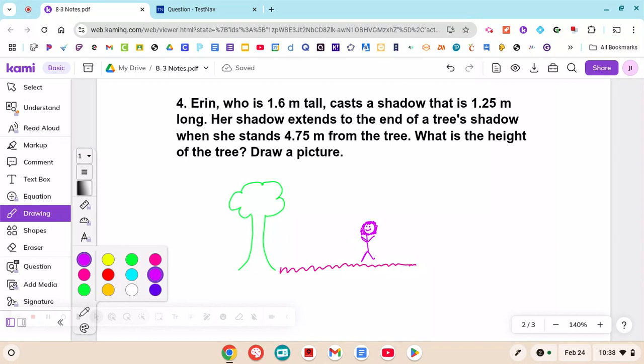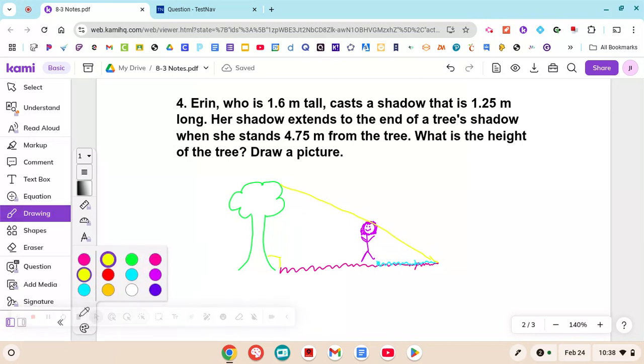Okay, and they have a shadow. And their shadow is like this part right here, but extends to the end of the tree shadow. And then what's happening is we've got this right triangle. We're actually going to go out a little ways here. Didn't quite go as far as I wanted it to. Extend this side as well. Okay, so there's the scenario.